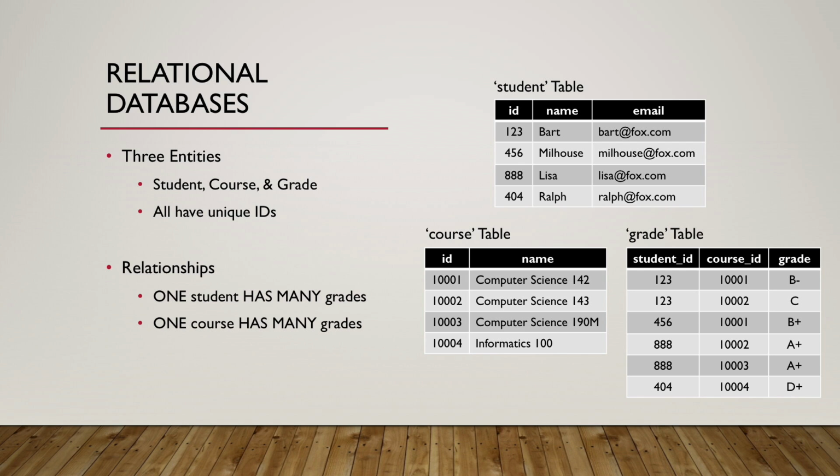These relationships are implied by the keys. So here we have the ID as our primary key. You can see that appearing over here again. And wherever this equals that, that is a relationship. One student here has many grades. One course here, 10,001, has many grades.